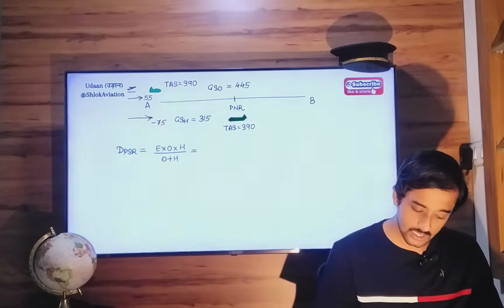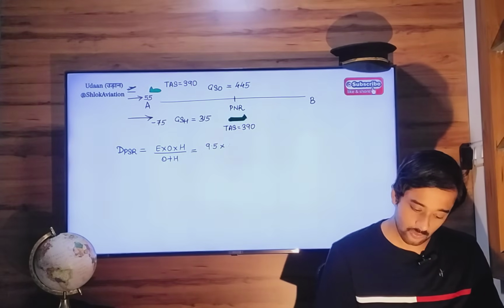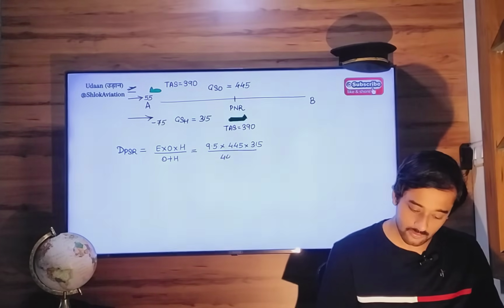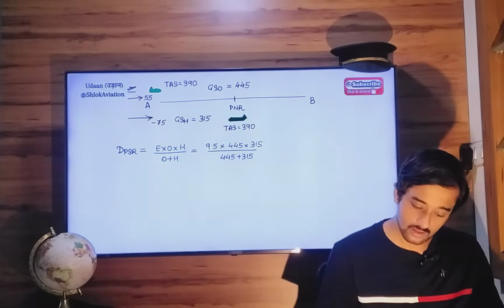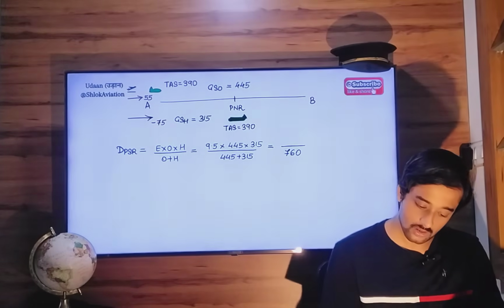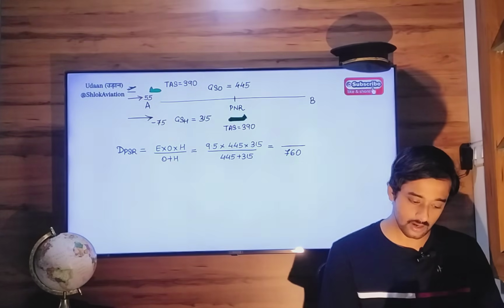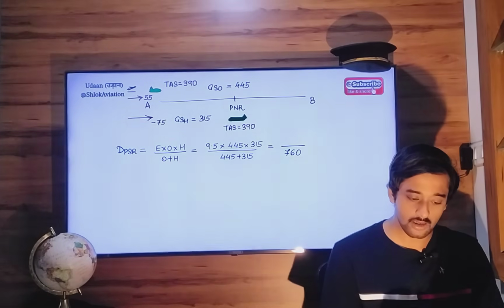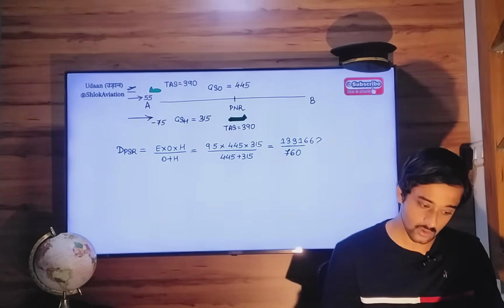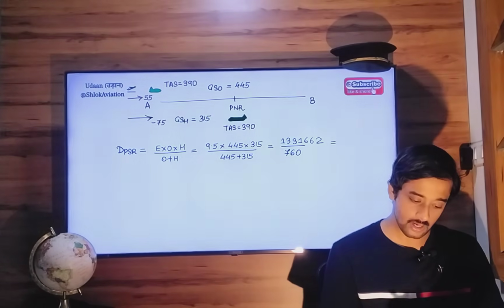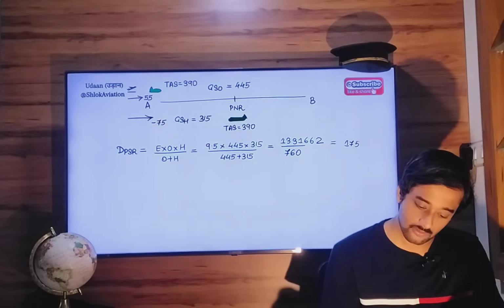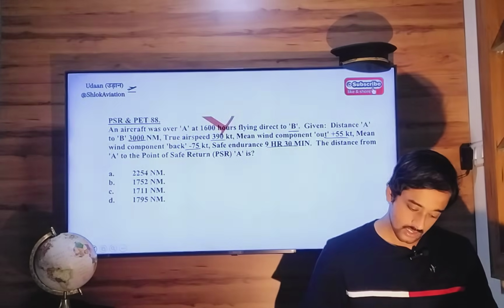So what is endurance? 9.5 into 445 into 315. 445 plus 315, that is 760. In the numerator we have 9.5 into 445 into 315. So 1331662 divided by 760, 1752. 1752 nautical miles. So option Bravo.